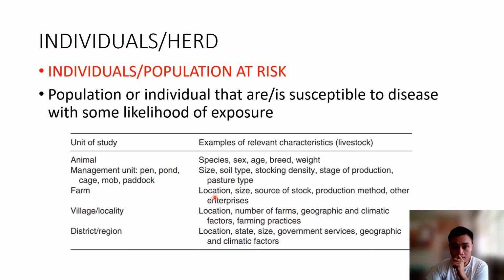So size, soil type, stocking density, stage of production, pasture size, etc. are included there. It could be a farm characteristic, so location could be a factor. Yeah, source of stock, the price, etc. Village, locality, or district region. So there are different units of study with regards to characterizing the population at risk.